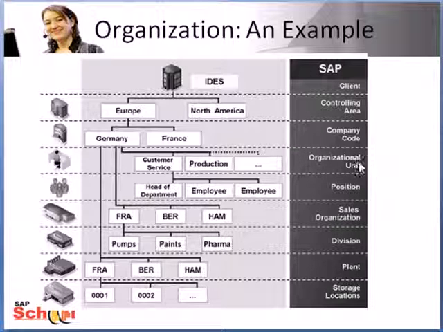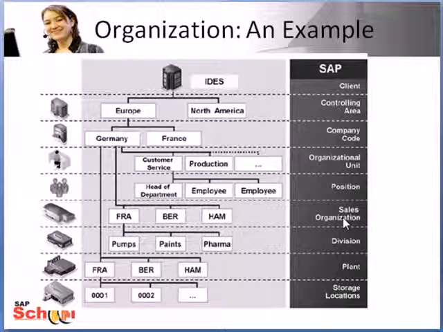So the org unit here describes the various business units that exist in an enterprise. Often units are loosely defined as functional or regional departments. Positions are individual employee assignments in the enterprise. So position could be sales rep, head of department, service engineer, and so on.